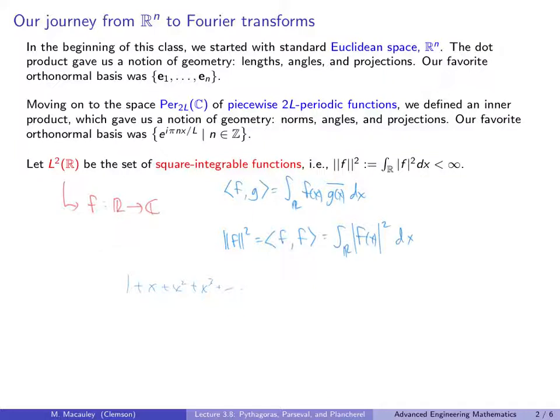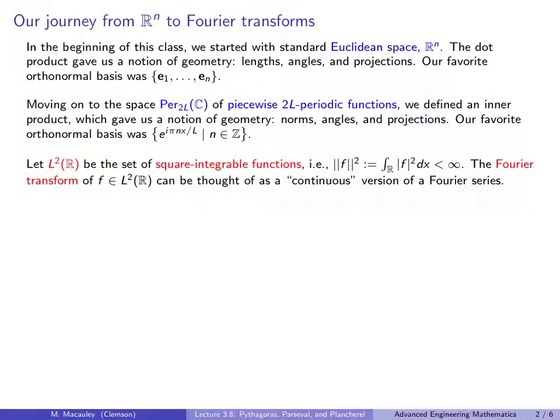Similarly, if we look at the vector e1 plus e2 plus e3 plus etc. in maybe R infinity, well, this is a perfectly good expression. If we try to compute the norm of this by the Pythagorean theorem, it's not going to be finite. So basically, we really only want to deal with functions that are vectors in the sense that they actually have a finite norm, and that's why we require them to be square integrable as well.